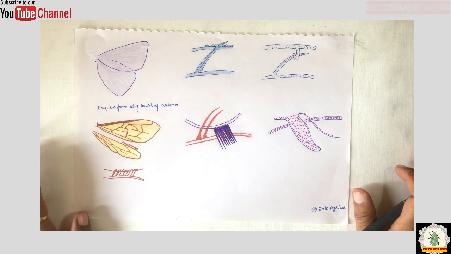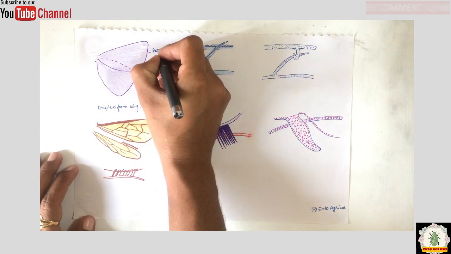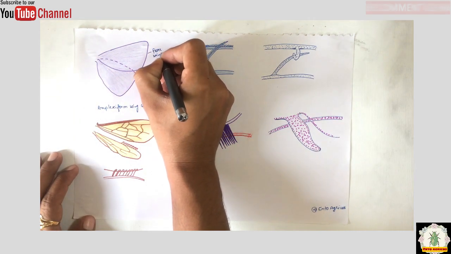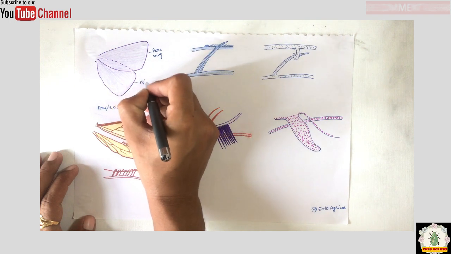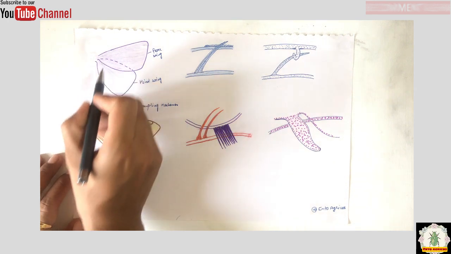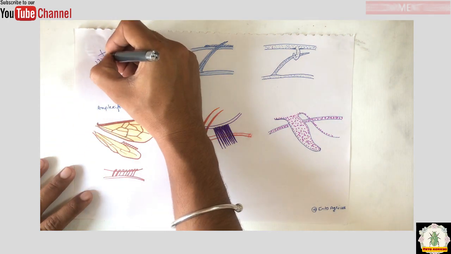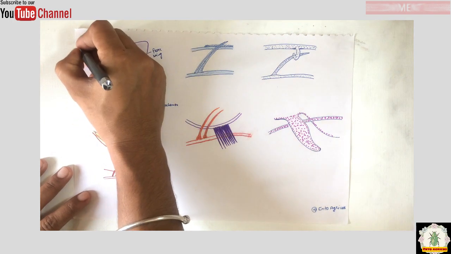This forewing and this hind wing just overlap. You can see over there, this is the overlapping of the forewing and hind wing.